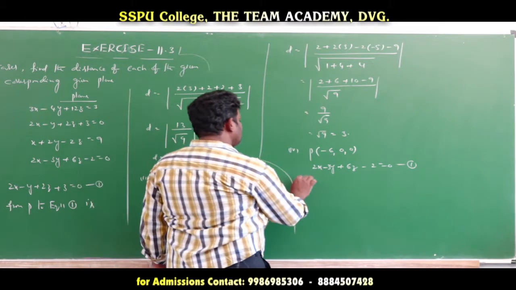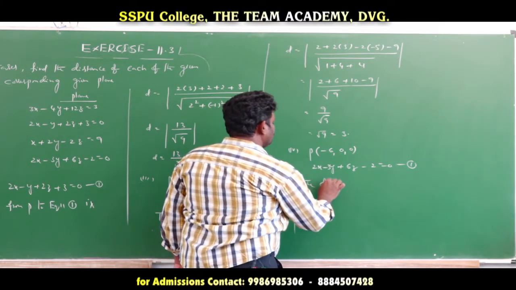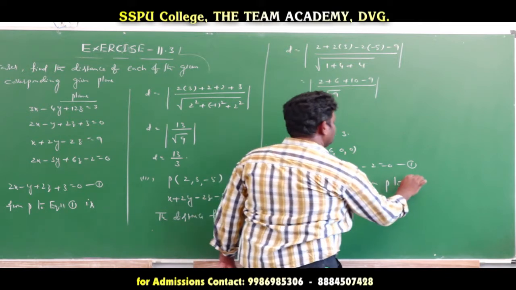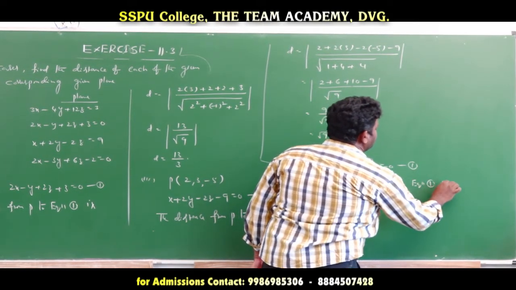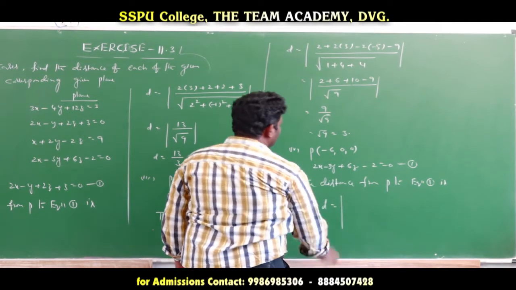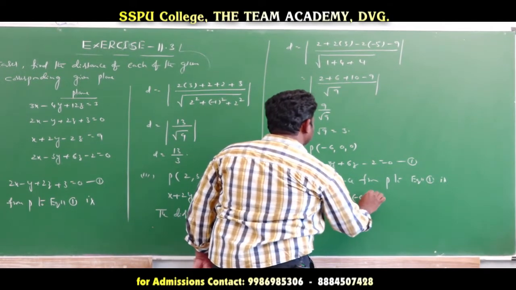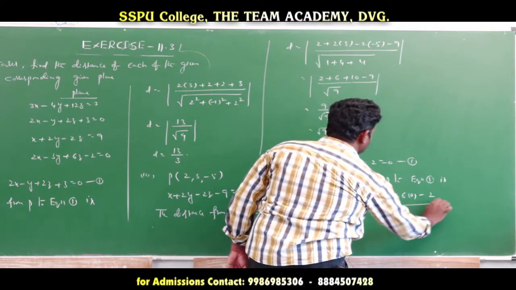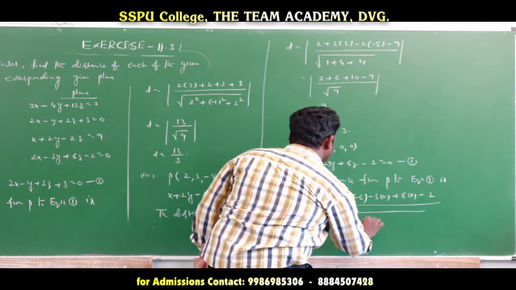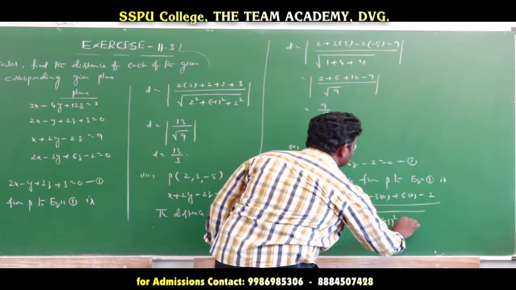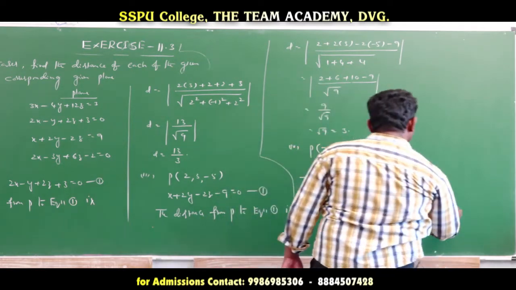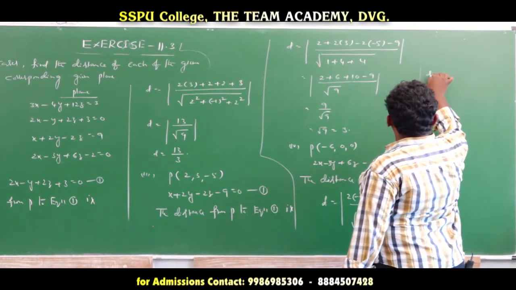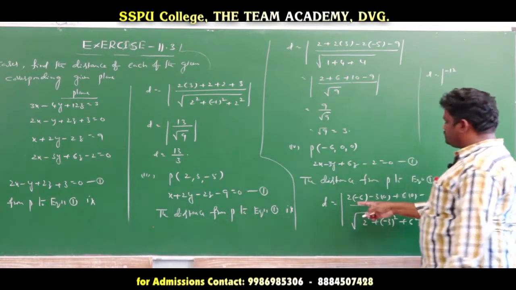Then again the distance from P to equation 1 is d is equal to 2 into minus 6 minus 3 into 0 plus 6 into 0 minus 2, by the square root of 2 square plus minus 3 square plus 6 square. So that is minus 12. 6 2s are minus 12.